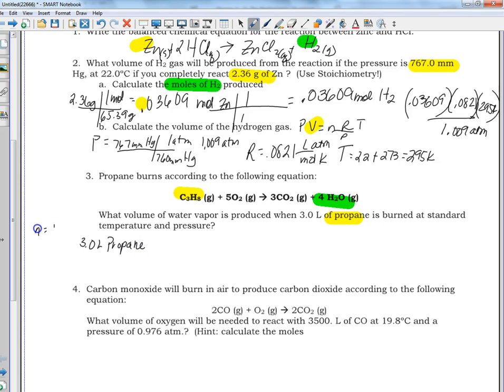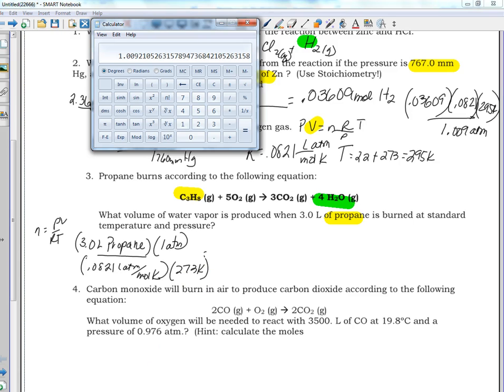Moles is equal to PV over RT. This is our volume. Our pressure is at standard temperature, so our pressure is 1 atmosphere. R is 0.0821 liter atmospheres over mole Kelvin. And of course, temperature is going to be 273 Kelvin because, again, STP.